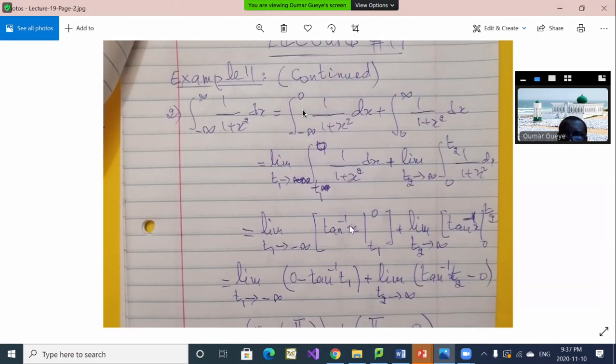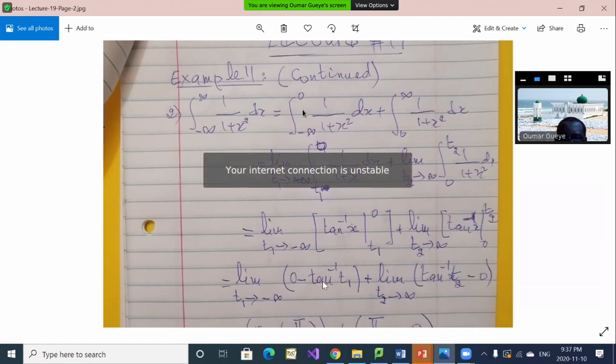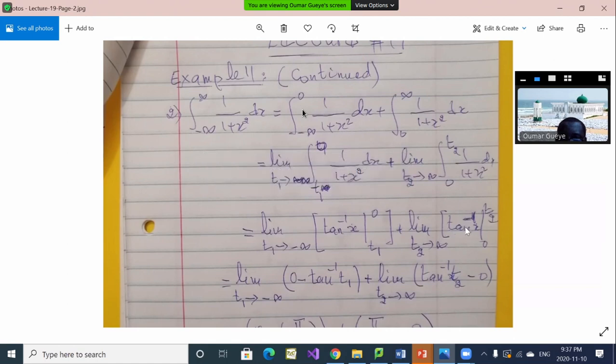That's why we got tan inverse at T1 and at 0, similar for this one too. Tan inverse of 0 is equal to 0, and tan inverse at T1 is exactly the second term. From the other integral, we get tan inverse at T2, as the FTC says, minus tan inverse of 0, but tan inverse at 0 is equal to 0.